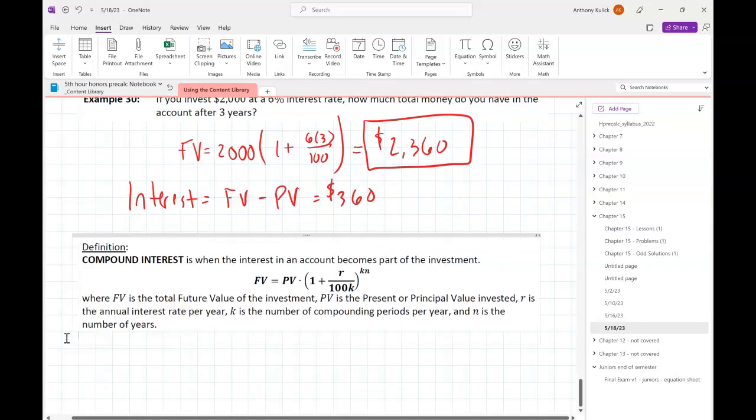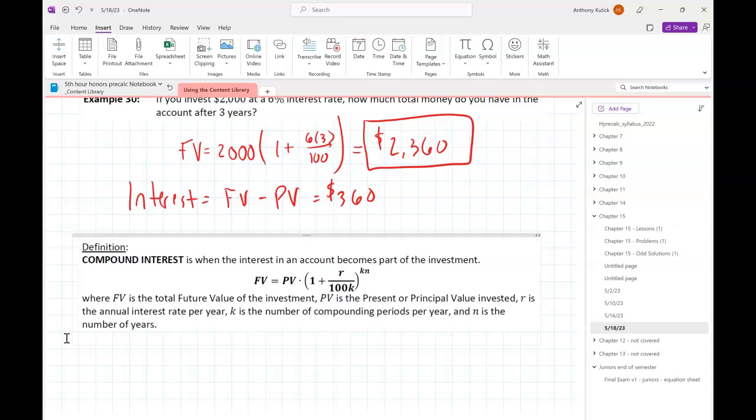So in year 2, you're going to earn interest on your initial investment and whatever interest you earned in year 1. In year 3, you'll earn interest on your initial investment and whatever interest you've earned in years 1 and 2.